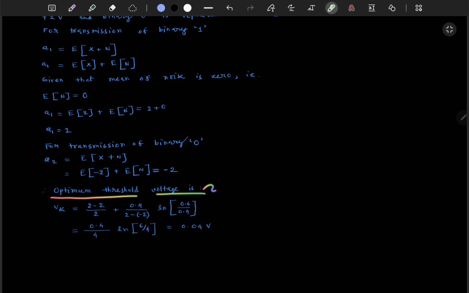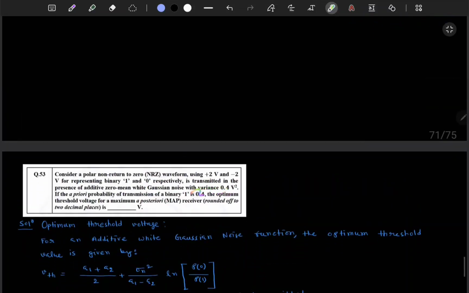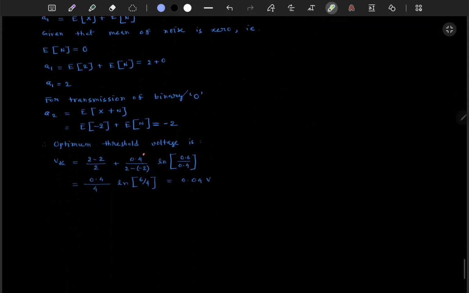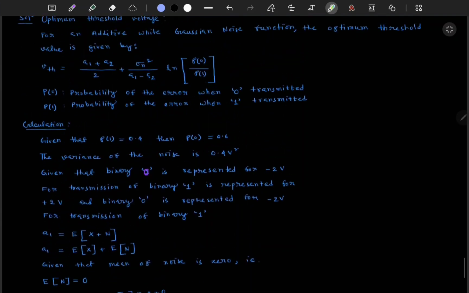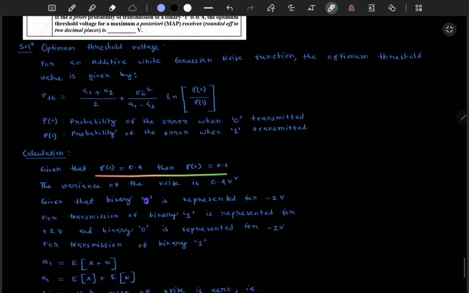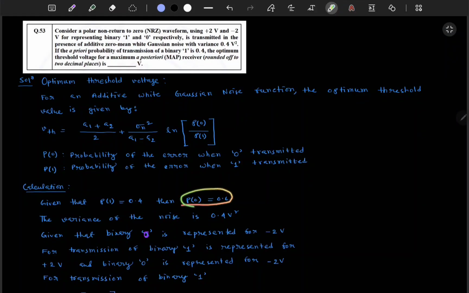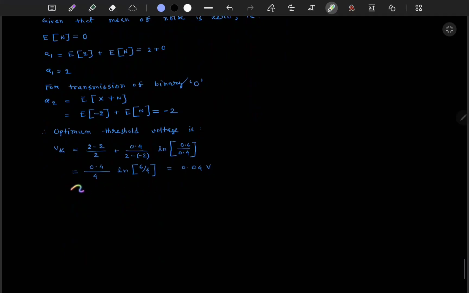So for the optimum threshold, you can just put in the values. The variance sigma square is given here, and the A1, A2 values we also got. The P values are in the question too. P of 1 is 0.4, so P of 0 will obviously be 1 minus 0.4, that is 0.6.